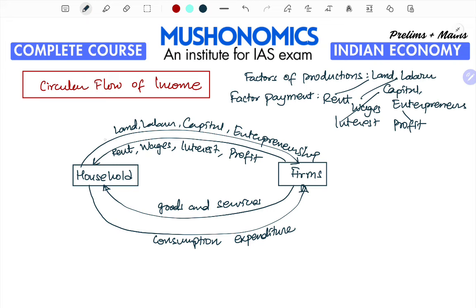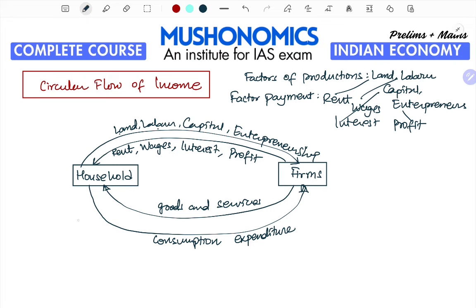Now from this diagram we can understand one thing. Household is giving land, labor, capital, entrepreneurship; this is input, or income, for the firm. And whatever is the expenditure of the firm, for example rent, wages, interest, profit, is the income of household.